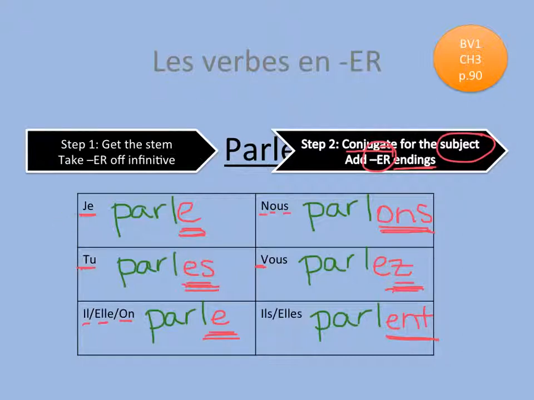Je parle, tu parles, il parle, elle parle, on parle. These sound exactly the same. Nous parlons, 2 syllables. Vous parlez, 2 syllables.